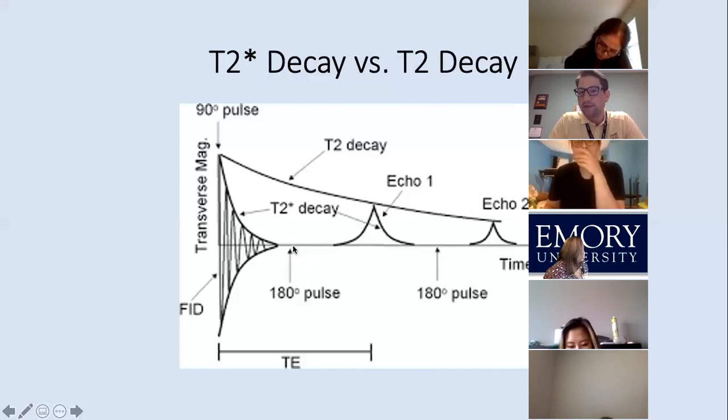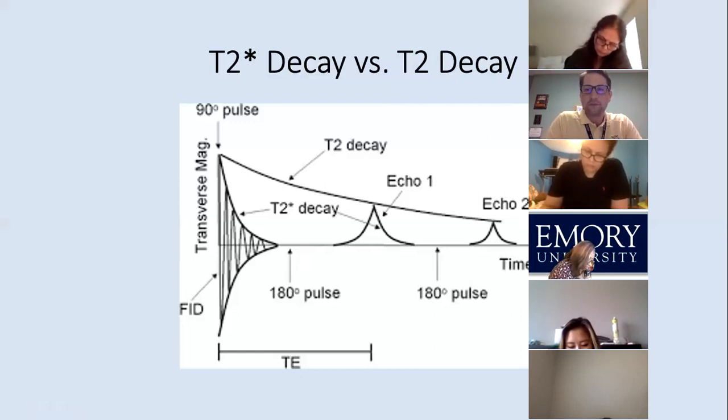What we do have is our gradients to refocus the signal. So it will regrow, but it will only go up to about right here. So once again, it's less efficient at correcting for field inhomogeneities that cause this free induction decay.